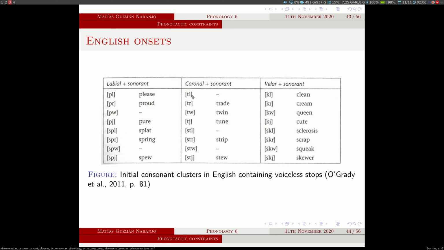But in Spanish, you can have things like Atlántico, right? With Atlántico, or tlan, it's the second syllable, and it starts with this onset. So Spanish doesn't have this constraint, English does. And this sort of ordering constraint on which segments can come in which positions and after which other segments is what we call phonotactics.